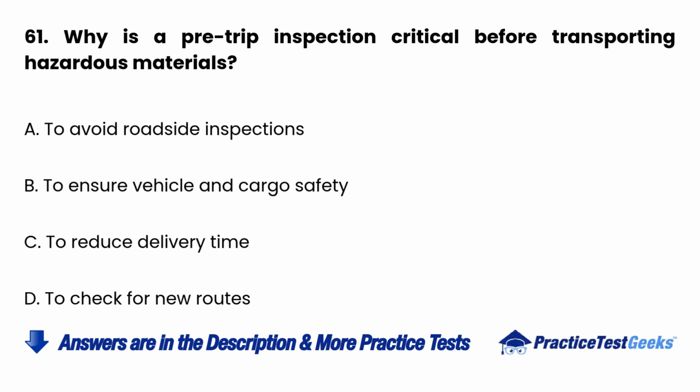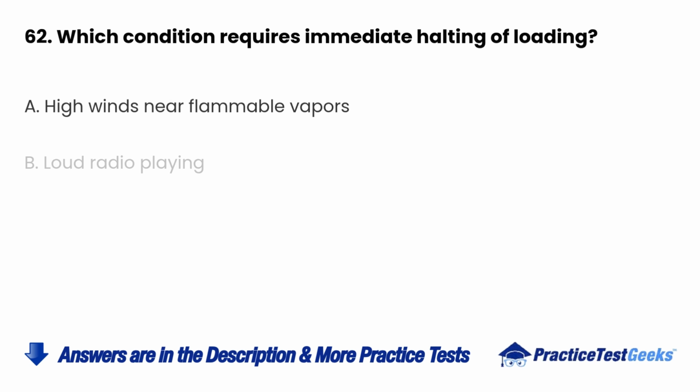61. Why is a pre-trip inspection critical before transporting hazardous materials? A. To avoid roadside inspections. B. To ensure vehicle and cargo safety. C. To reduce delivery time. D. To check for new routes. 62.